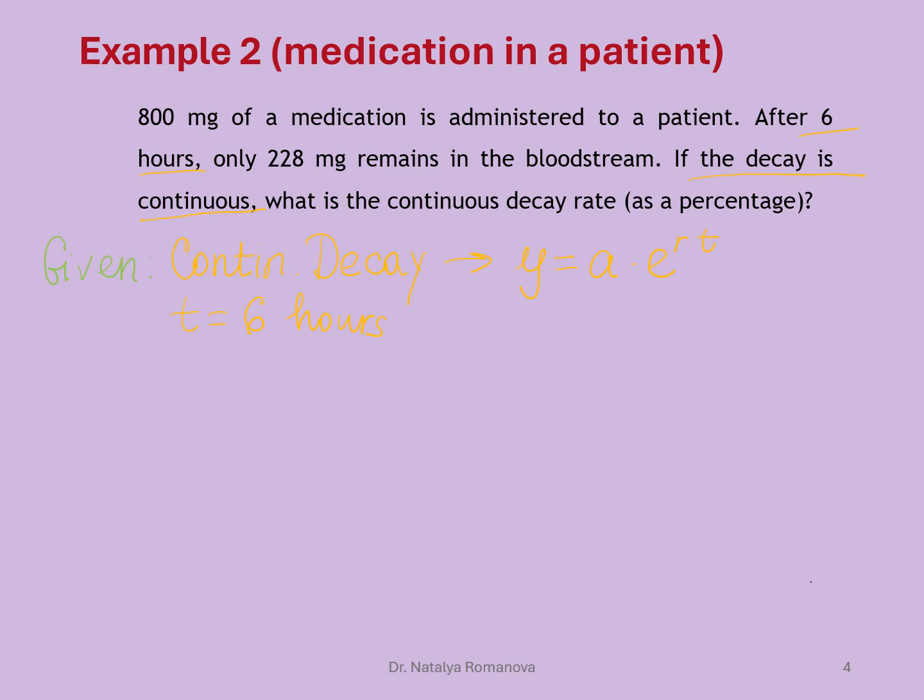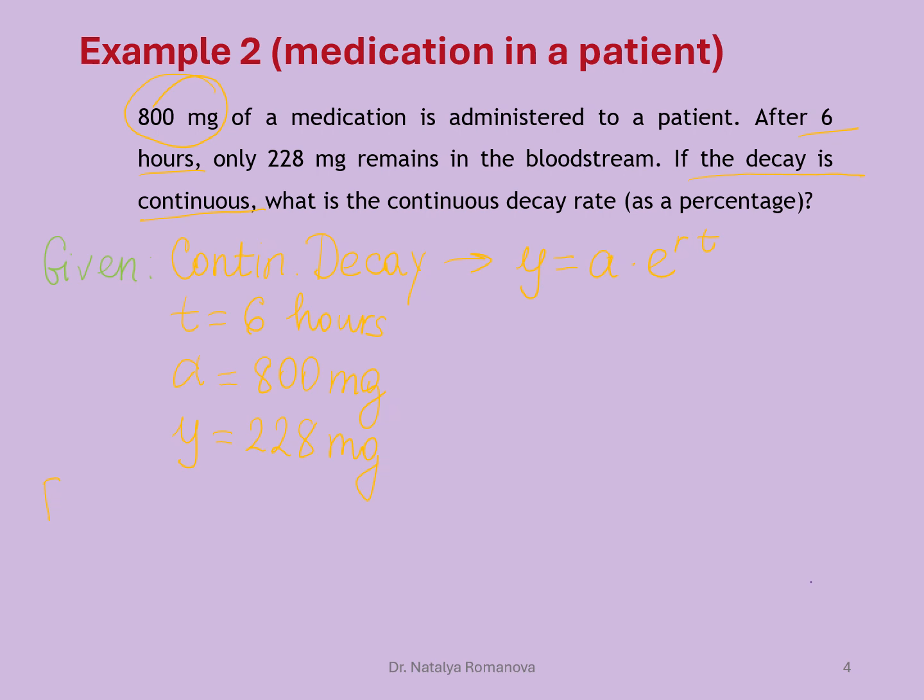We have the initial amount of 800 milligrams, so initial amount a equals 800 milligrams, and final amount y equals 228 milligrams.